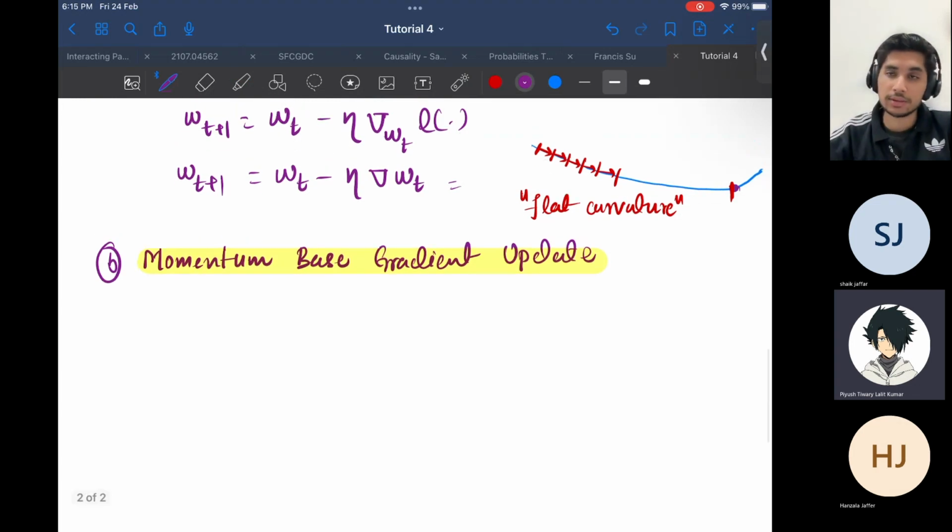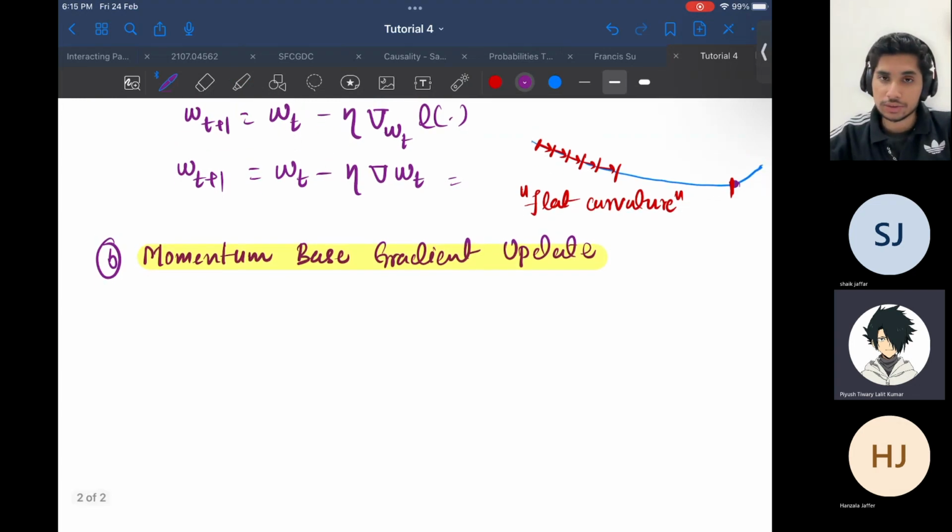The idea is, if you see a ball when it descends on a curved surface, its velocity keeps increasing because it has some acceleration due to gravity or any force. The motivation is taken from there.